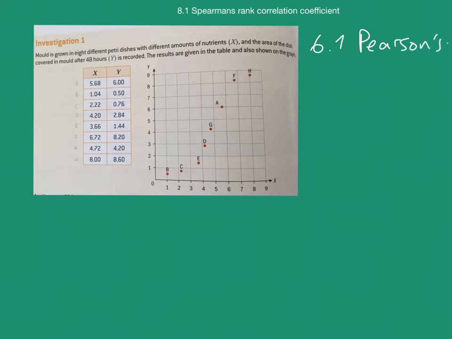So Pearson's, and this number, this R value, was only good for finding the strength of a linear correlation. So Pearson's is only used for linear correlation between two variables.